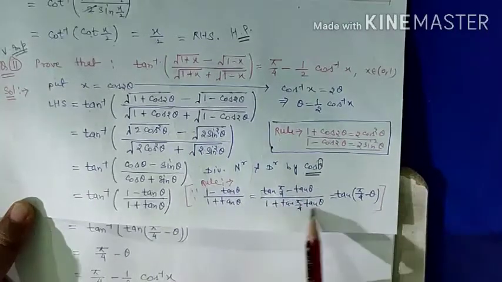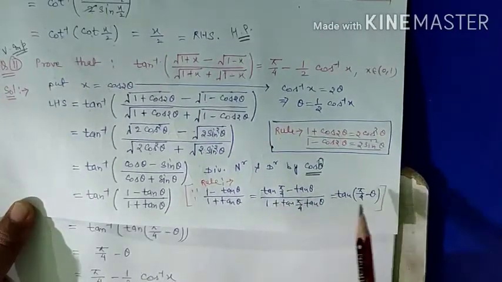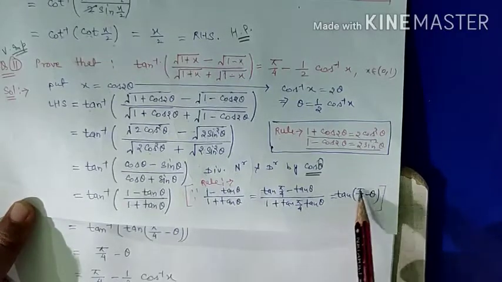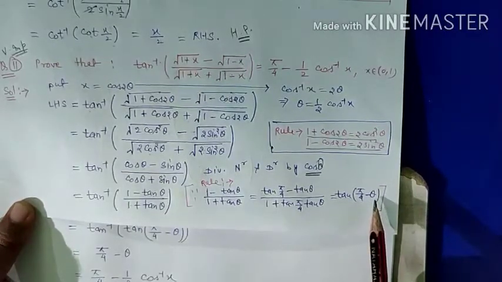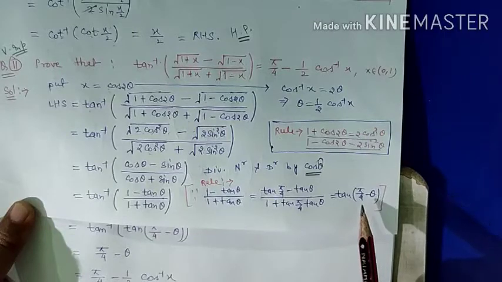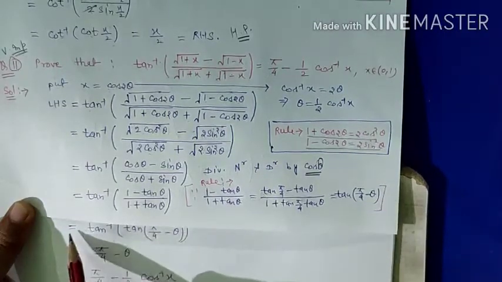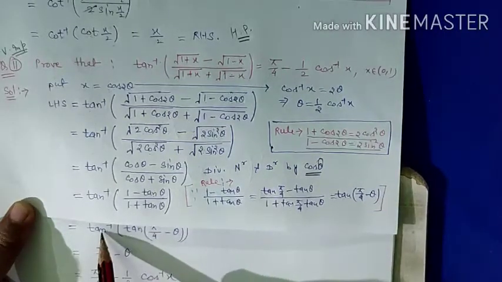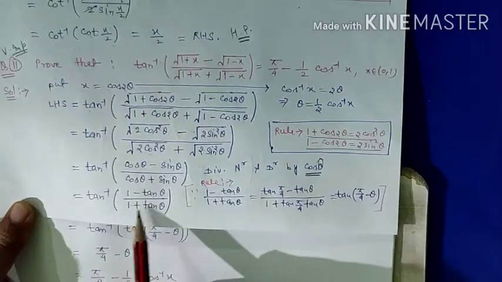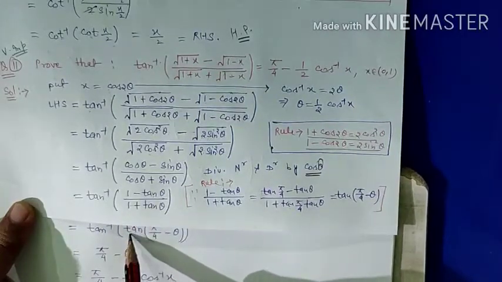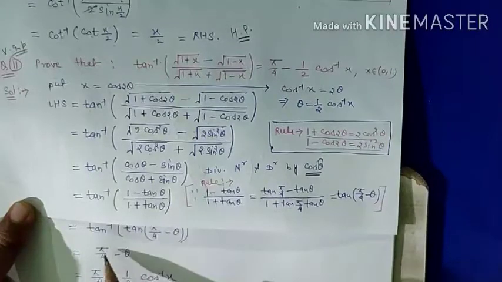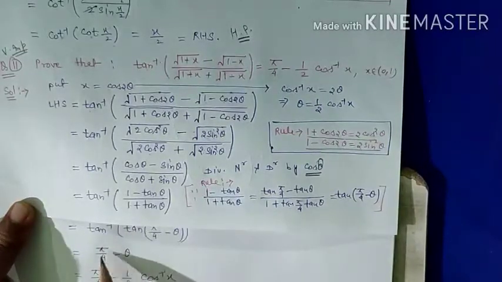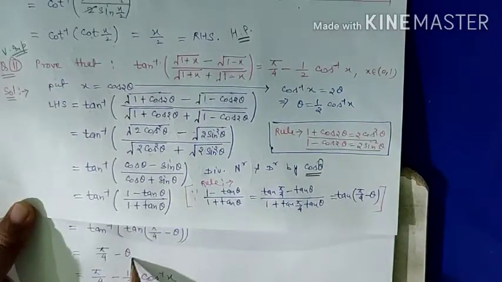Now why have I written it this way? So that I can create the formula tan (a minus b), tan (pi by 4 minus theta). Now in place of 1 minus tan theta upon 1 plus tan theta, we can write tan (pi by 4 minus theta), then it will be cancelled out. Pi by 4 minus theta will be the answer.